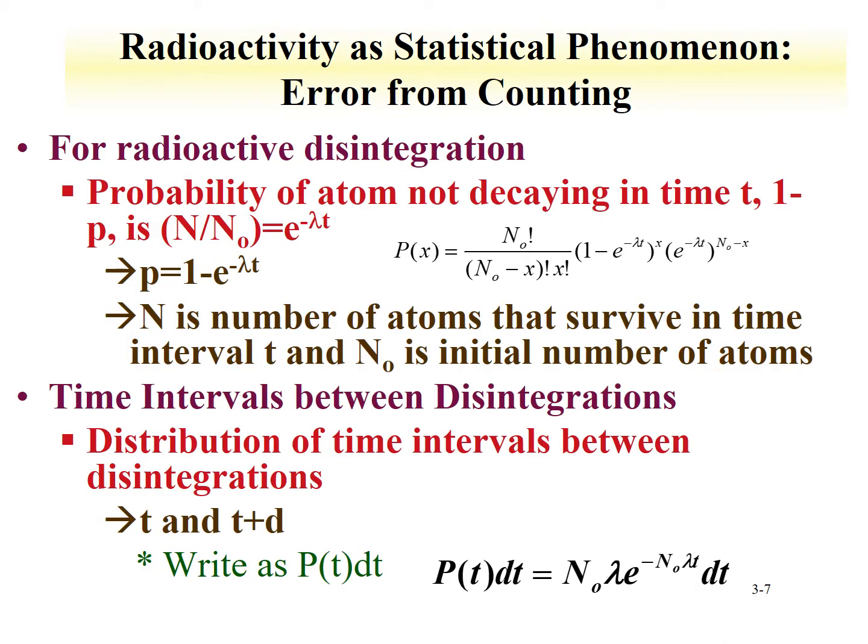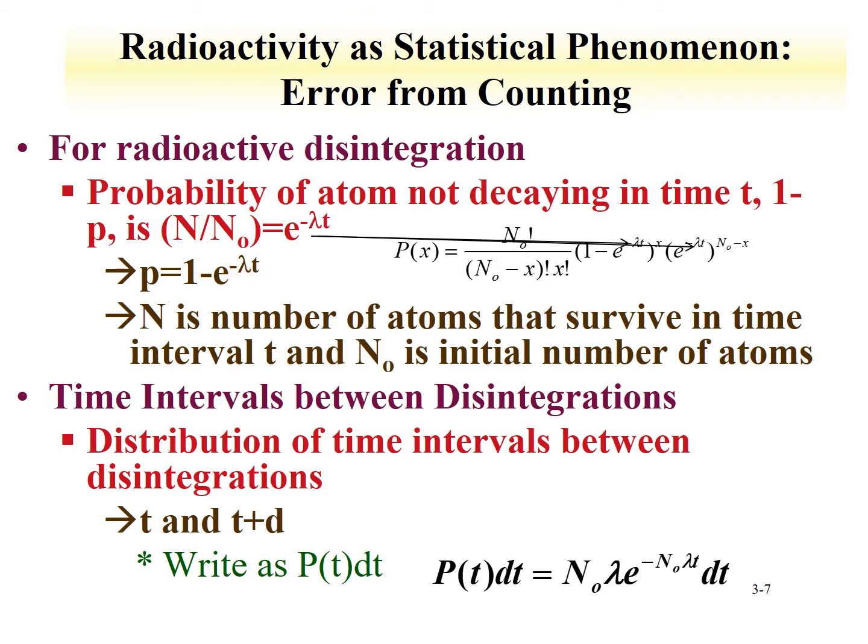As we discussed earlier, the probability of an atom not decaying in time t is this equation. We've already discussed it. It's a fundamental equation. And this equation is related. This e to the minus lambda t can be expanded out into our probability equation, where the probability is now replaced by e to the minus lambda t, 1 minus e to the minus lambda t.